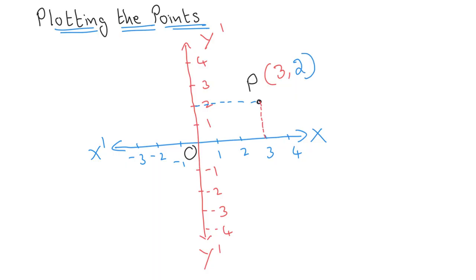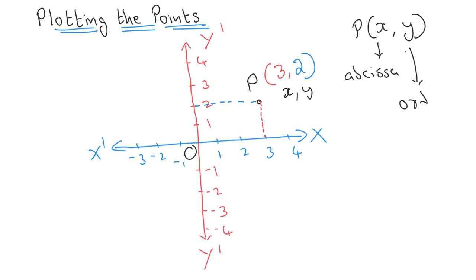So every point on the coordinate system will have an x and a y. Clear? So any point will have two coordinates, x and y. The x coordinate is called abscissa and the y coordinate is simply called ordinate.